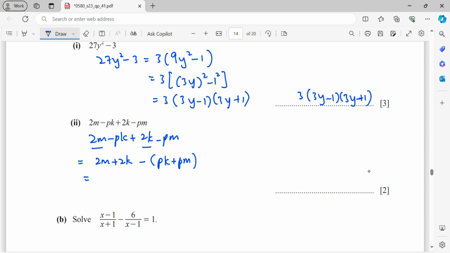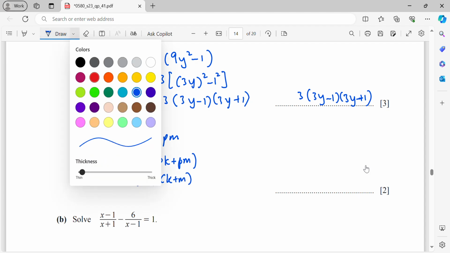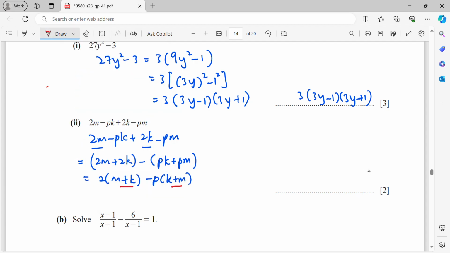Then from here, for the first two terms, the 2 is in common, so factorize the 2. And for the second bracket, the p is in common, so factorize the p. Then you will find that k plus m is in common, so I can factorize k plus m. And then you will be getting 2 minus p. So that's your factorization.